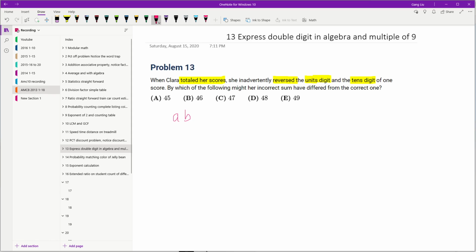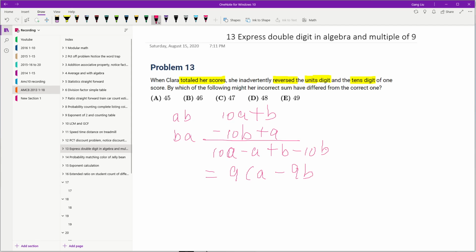So the original score is going to be 10A plus B, and the messed up score is going to be BA, and it's 10B plus A. If we take the difference between them, the difference is going to be 10A minus A plus B minus 10B, equals 9A minus 9B, equals 9 times A minus B.